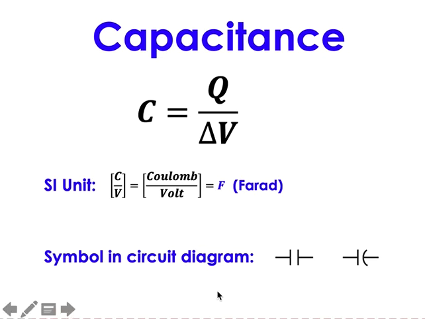In circuit diagrams, we use these two symbols to express capacitors. This line means a metal wire, and these parallel lines mean two conductors are separated.